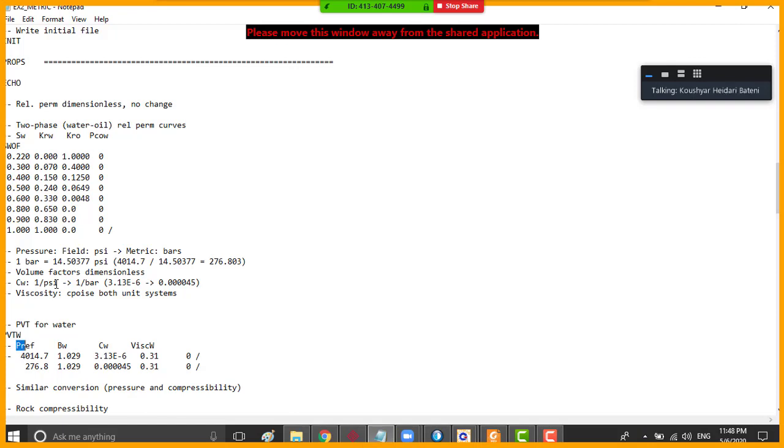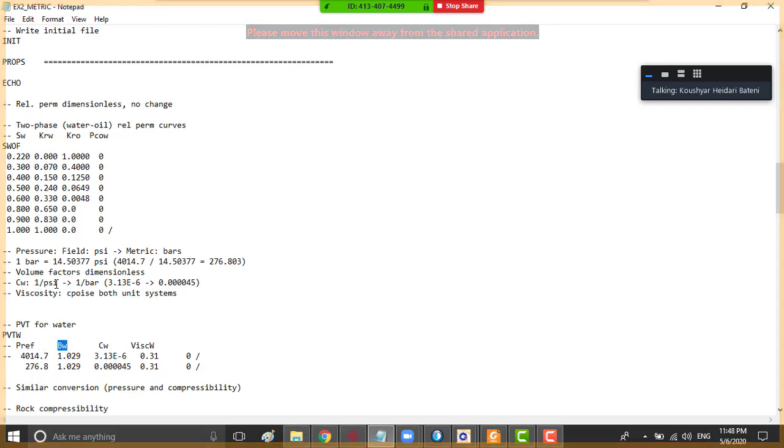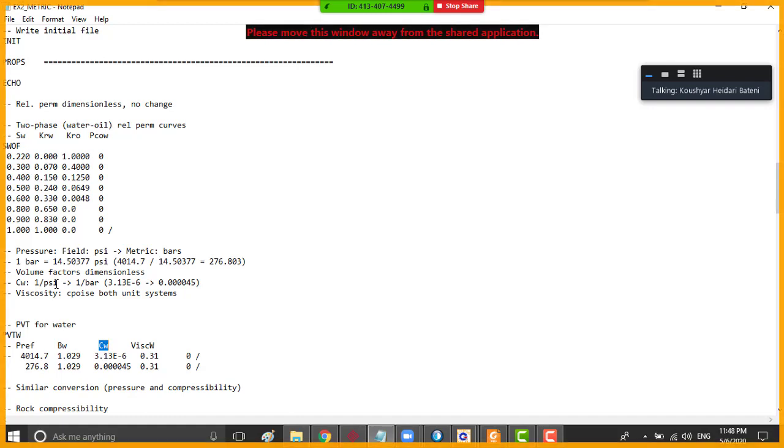When you go to the reference manual, you're going to see that the first column after the PVTW keyword is going to give you the reference pressure. Then the second column is going to give you the formation volume factor for water. Then the third column is going to give you the compressibility for the formation water.